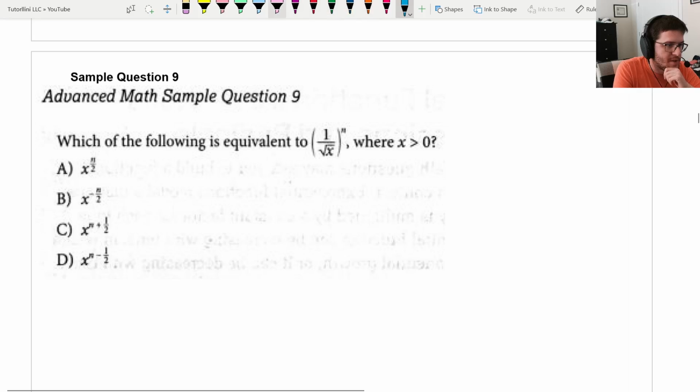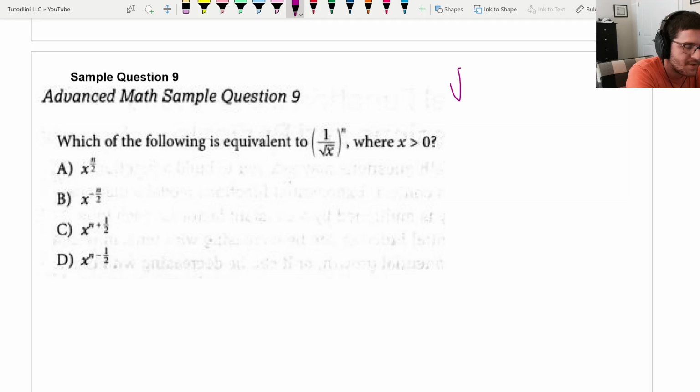Okay, so there's kind of a lot going on in this question. The first thing is that the square root of x, you should just know this, but the implied power is 1, the implied root is 2, and power over root. So the square root of x is the same thing as x to the 1/2.